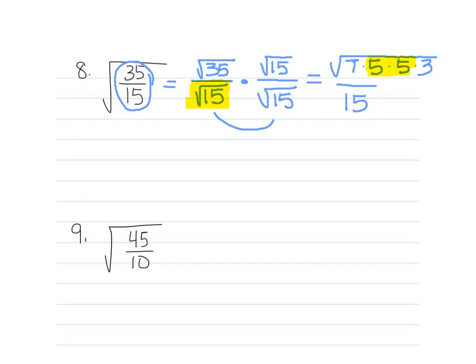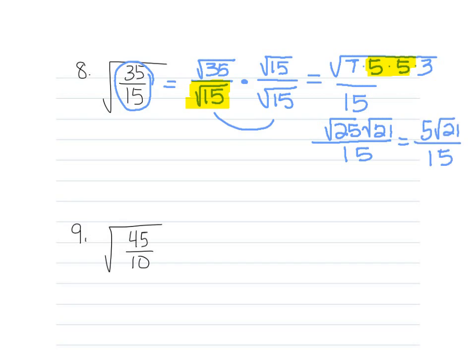Okay, so let's rewrite this as radical 25 times radical 21 over 15. So radical 25 is 5, radical 21 over 15.